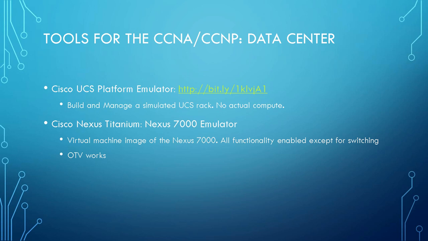However, OTV and all of the layer 2 adjacency functionality works fine. If you're looking to get into overlay networks and stuff like VXLAN, and you want to see how Cisco does it, it's a really nice way to set up. You can set up 2 images, set up OTV, and it works pretty well.